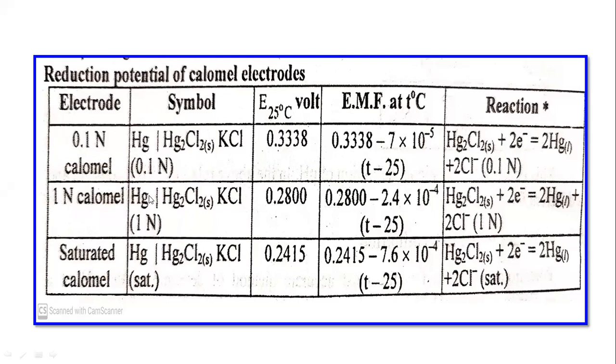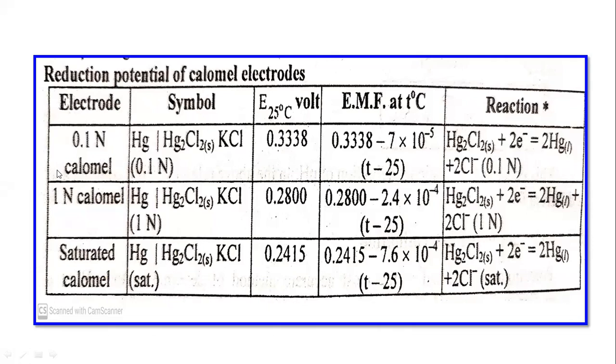So it has this type of cell representation with this EMF, and this is the reaction. And when we consider the saturated calomel electrode, this is the cell representation with the EMF calculated with the standard experimental procedure, and this is the typical reaction.